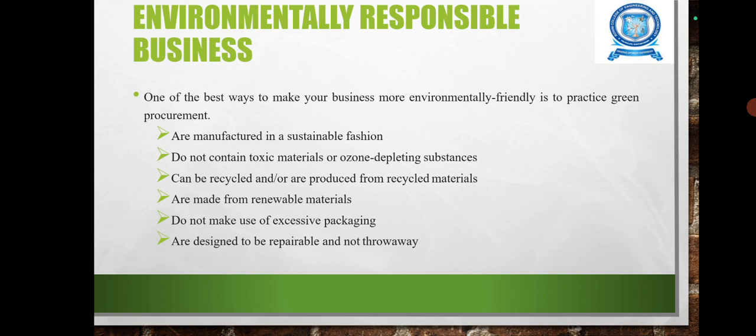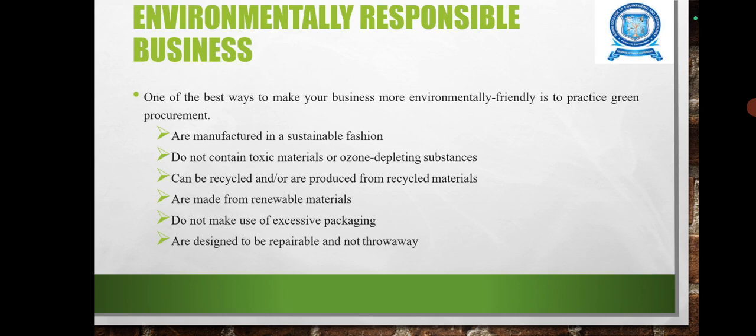The next one is environmentally responsible business. One of the best ways to make your business more environmentally friendly is to practice green procurement. That means it involves sourcing goods and services that are produced and supplied in a sustainable fashion.